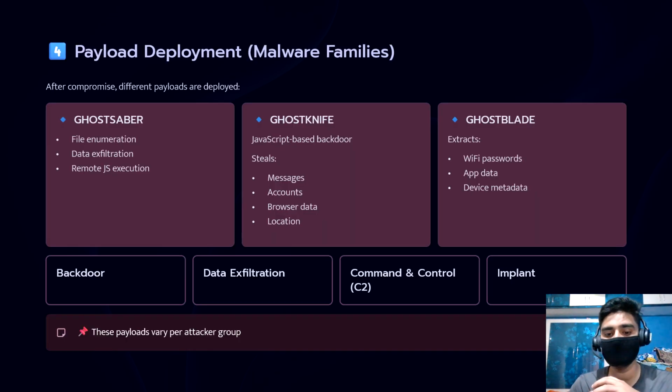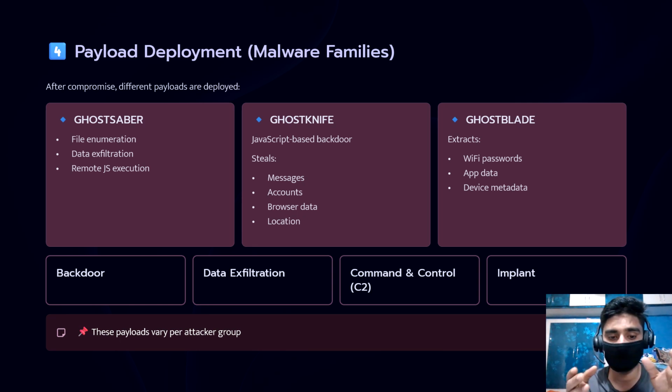After the compromise, different payloads are deployed: GhostKnife, GhostBlade. These are the different payloads, or malware families, deployed onto the attacker's targeted devices.